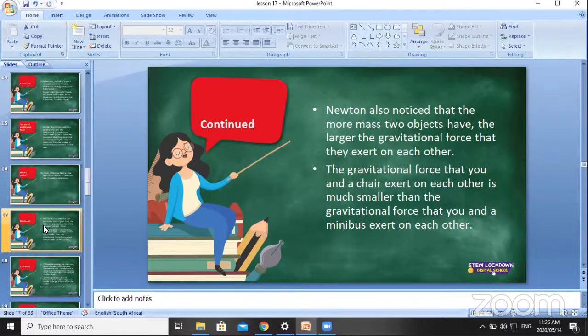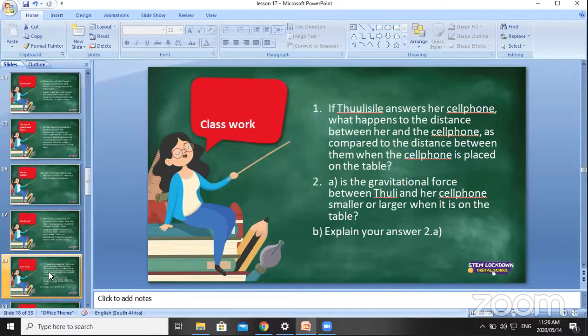Are we clear? The chair obviously doesn't have as much weight as you, so that's why it will be smaller. But you and a minibus both have a bigger weight, so you will have a higher gravitational force.